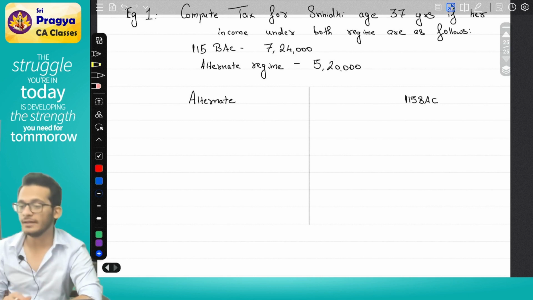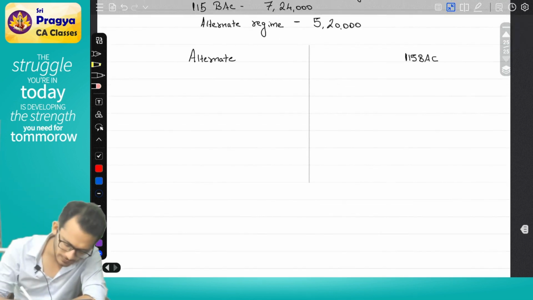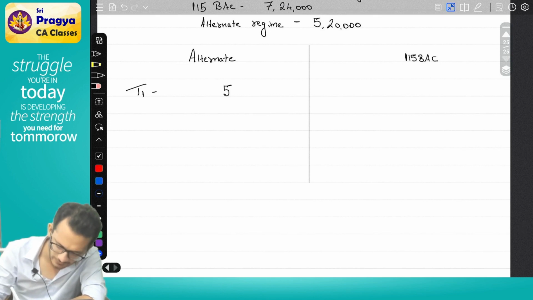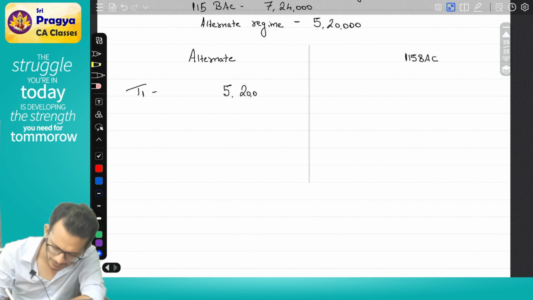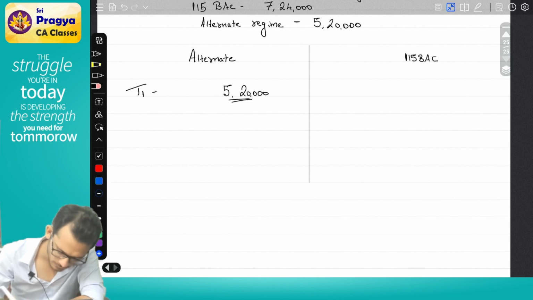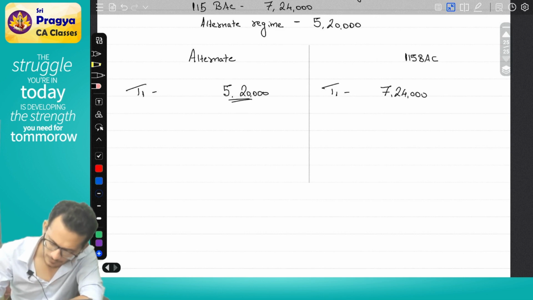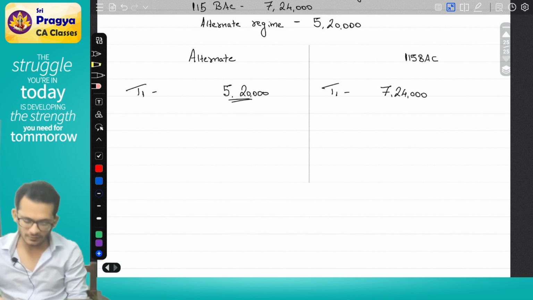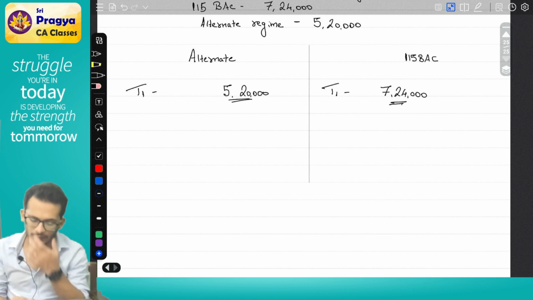What is my income first of all? In alternate regime, my income is 5,20,000. In 115 BAC, my income is 7,24,000. Are you with me till here?